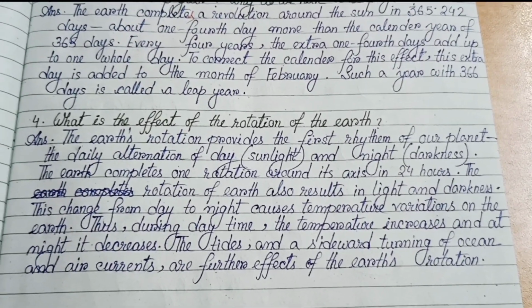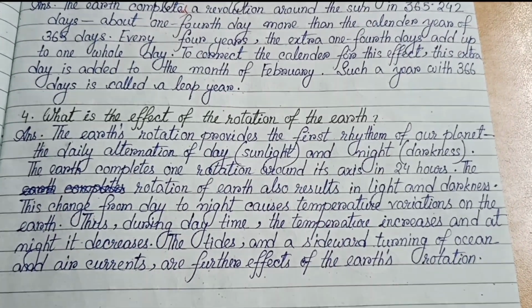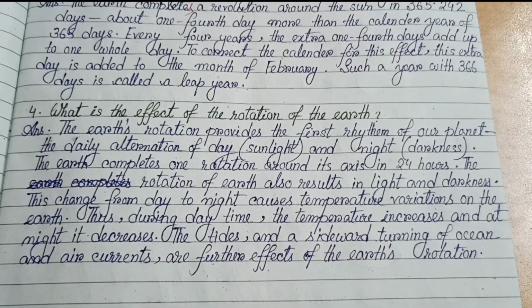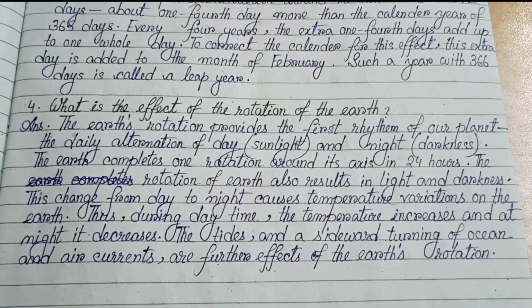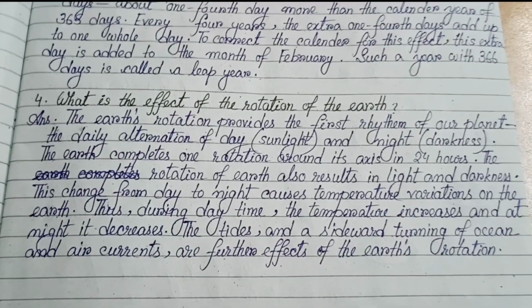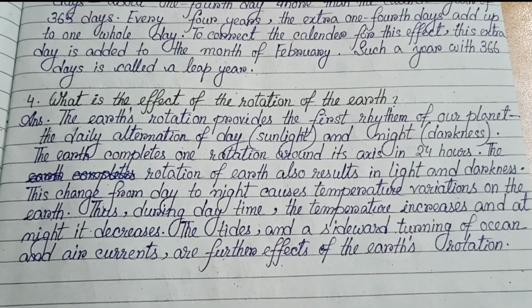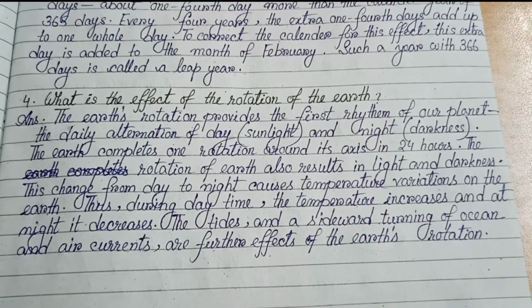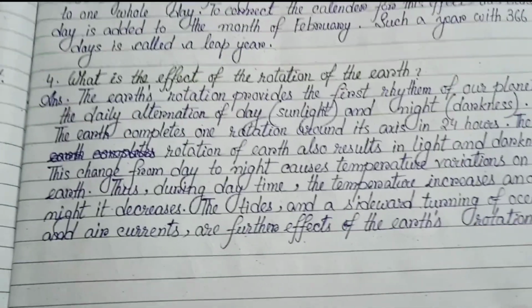This change from day to night causes temperature variations on the earth. Thus, during daytime, the temperature increases and at night it decreases. The tides and the sideward turning of ocean and air currents are further effects of the earth's rotation.